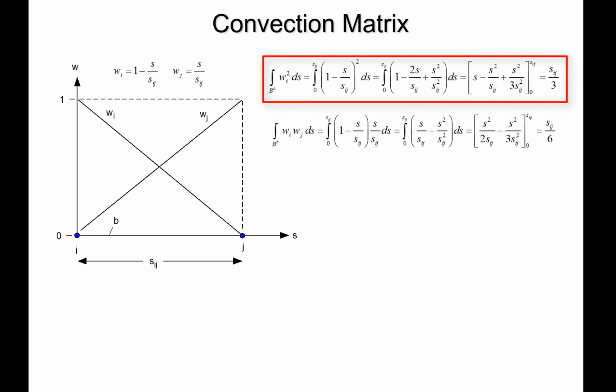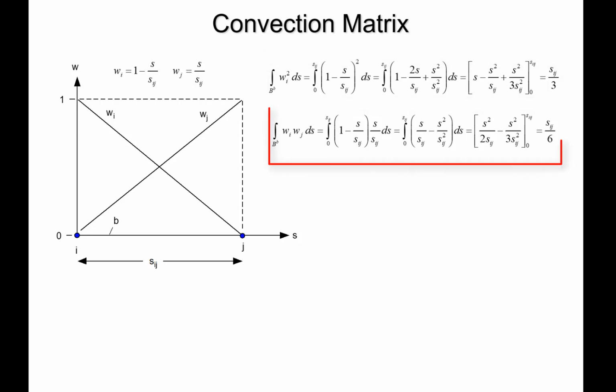If you expand that and then integrate each of these terms separately, you find that this is just sij, the length of that boundary segment, divided by 3. And I can do the same thing for wi times wj. In this case, it would be 1 minus s over sij multiplied by s over sij. So you expand that, and you integrate it, and you find that that's sij divided by 6.